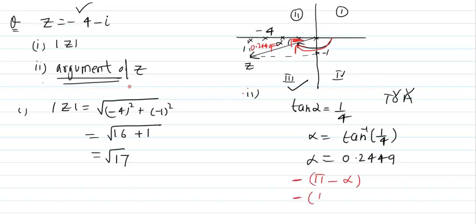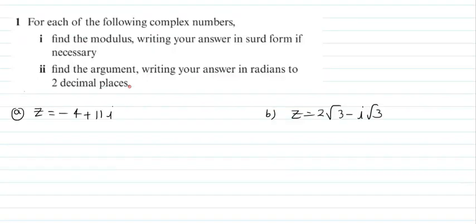So minus, pi minus 0.2449. If you put this value in a calculator in radian mode, pi minus 0.2449, it will come to minus 2.90.